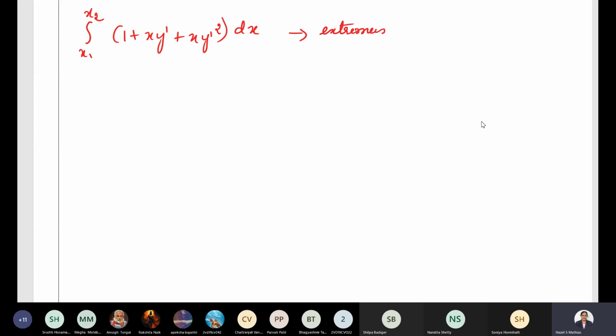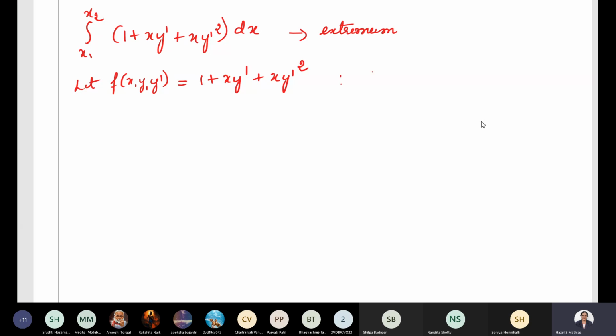So how shall we do it? Let f of x comma y dash be equal to 1 plus xy dash plus xy dash square. So this is that function.